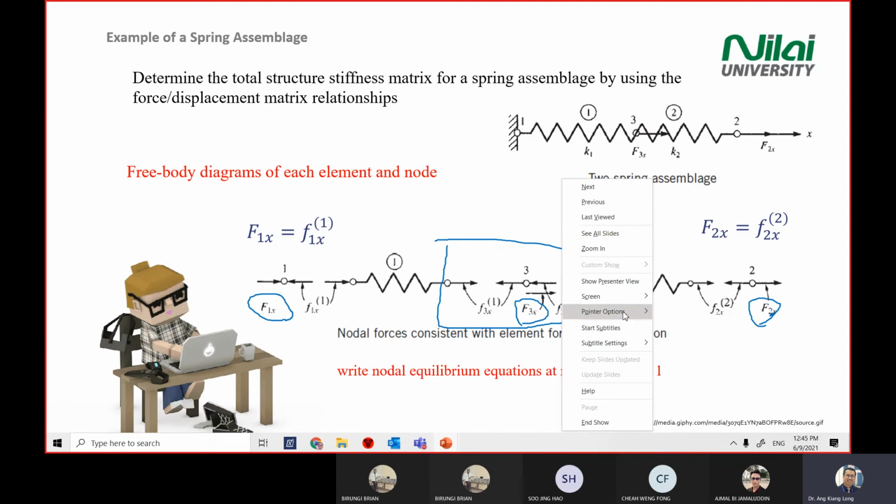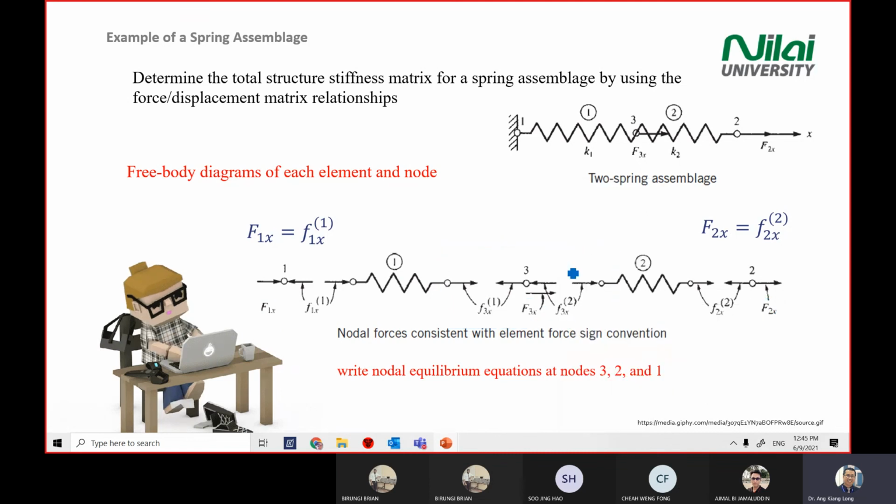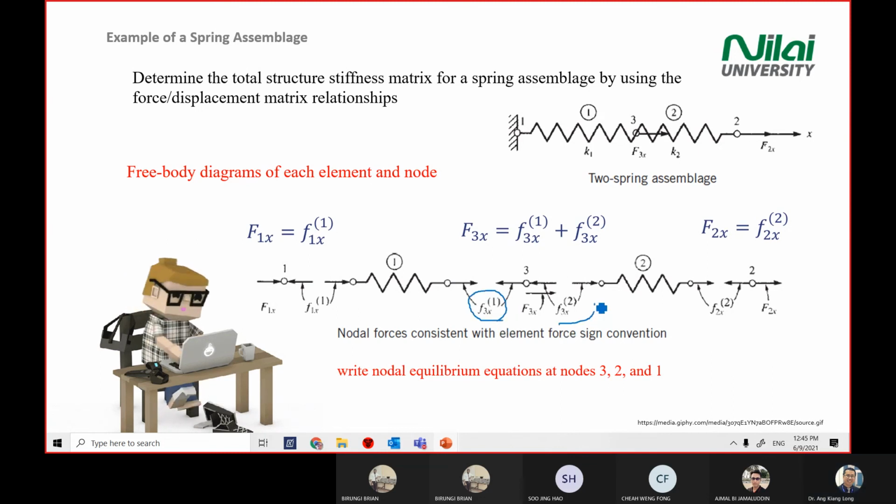But anyway, you can solve this mathematically. All right, so capital F3x is equal to small fx plus small fx also, but it's a combination of element 1 and element 2, which is this one and this one.